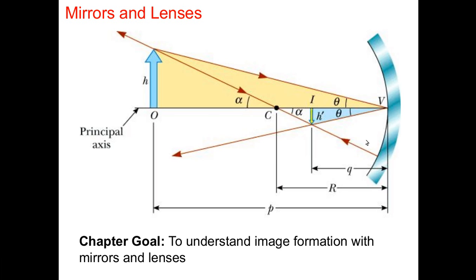So with curved mirrors, we still have the law of reflection at all these different points, but the light rays behave a certain way, and sometimes an image is formed. So we're going to explore what type of image is formed, where it's formed, and describe its properties.